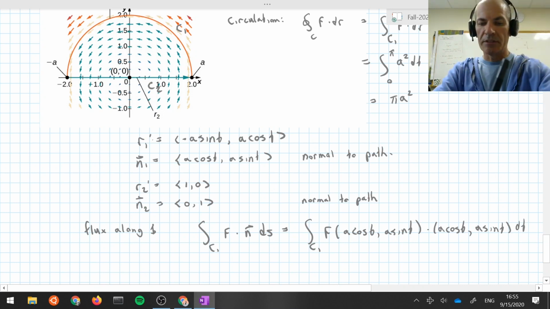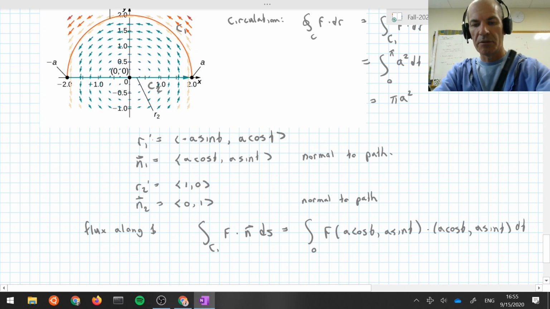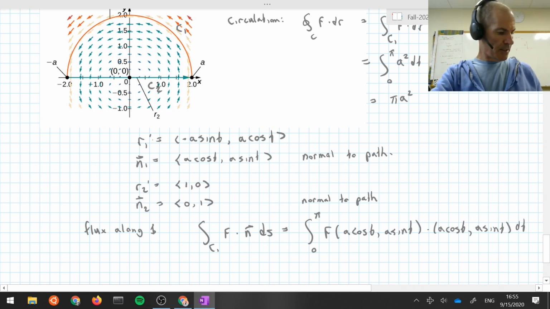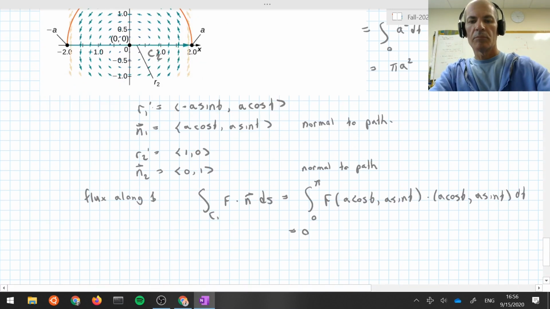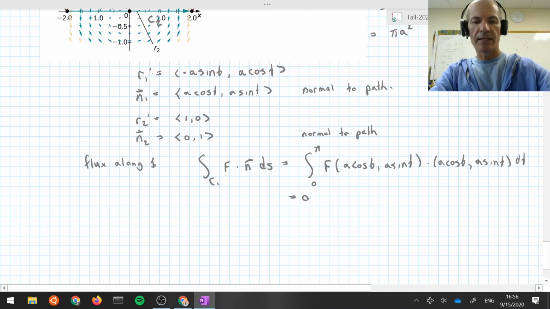And in fact, I can replace C1 with the limits of integration 0 to pi. If you do that calculation, you're going to end up with 0. So I'll let you plug in, figure out f, and complete that calculation.